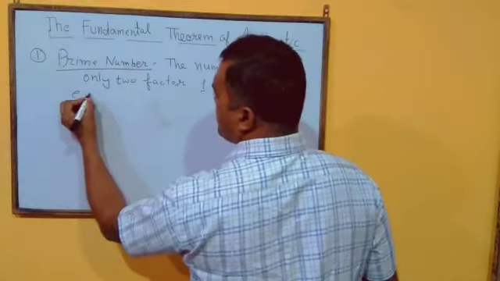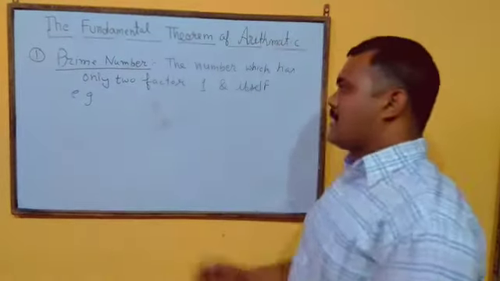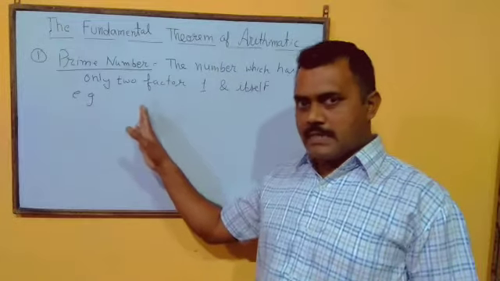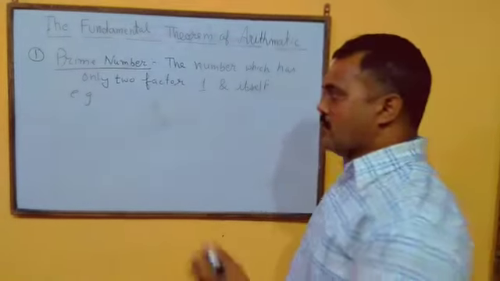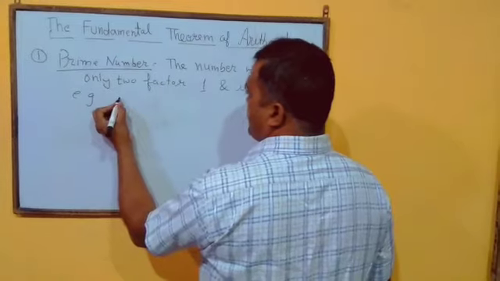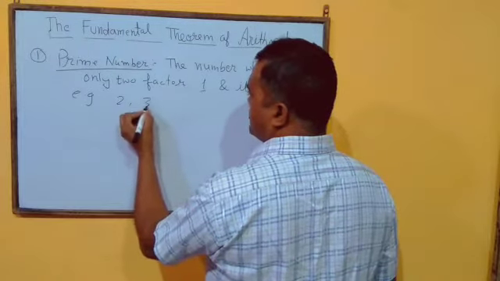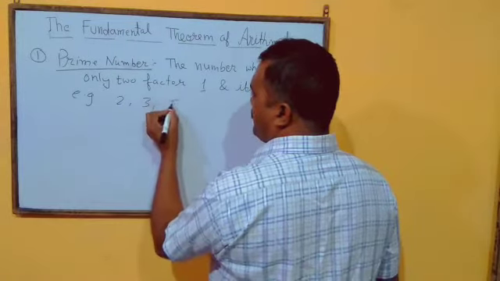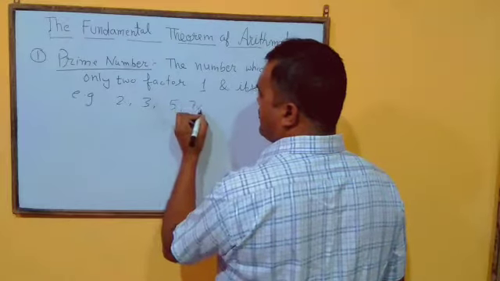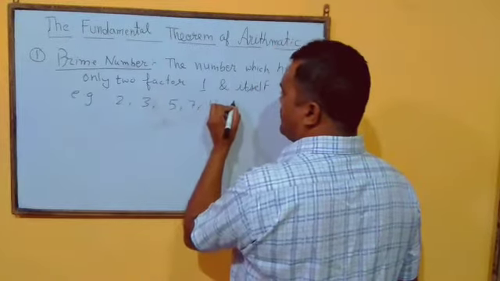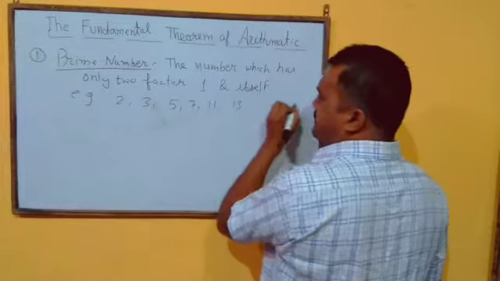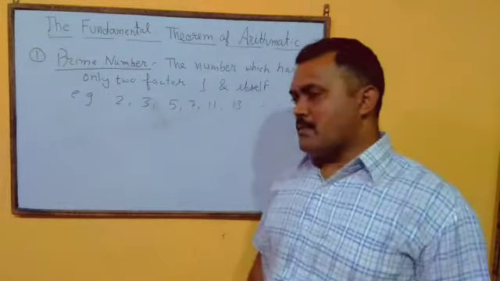For example, the prime numbers like 2, 3, 5, 7, 11, 13, and so on. So these are the prime numbers.